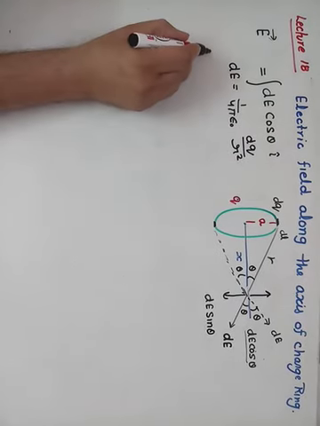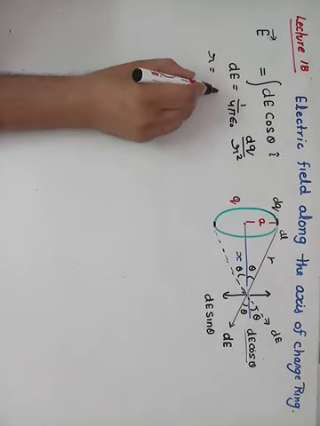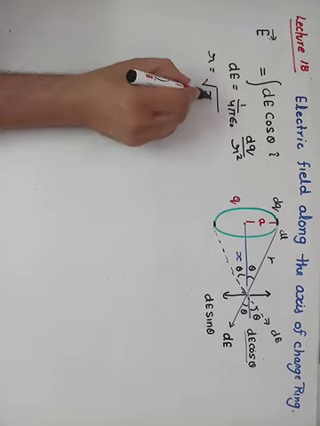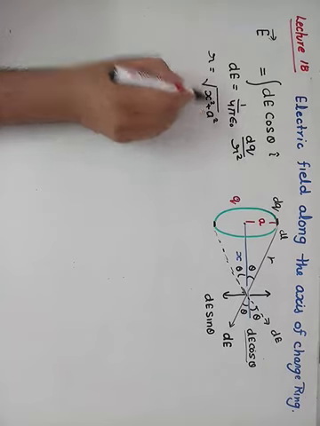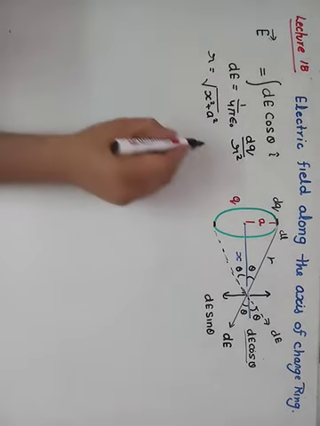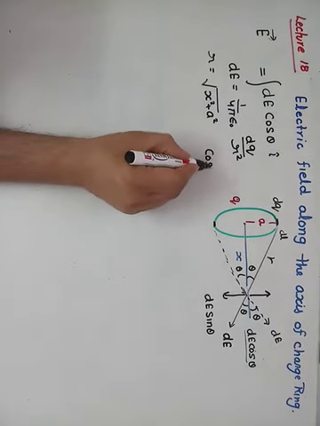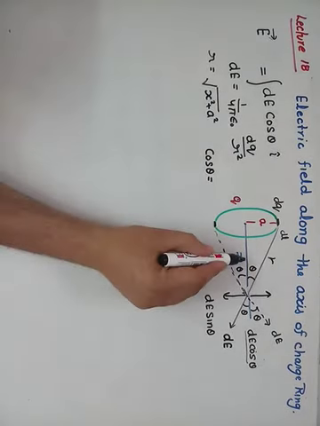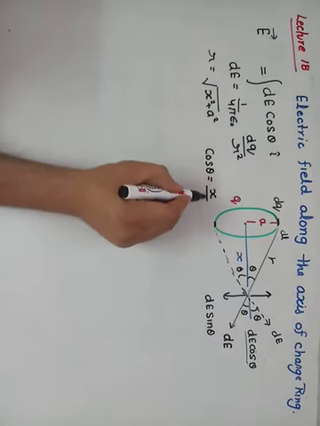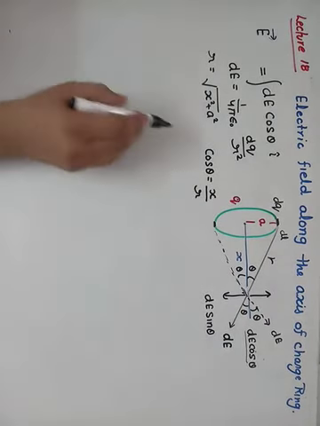Now what is R? R is under root x square plus a square. What is cos theta? Cos theta is base upon hypotenuse, x by R, where R is this one.